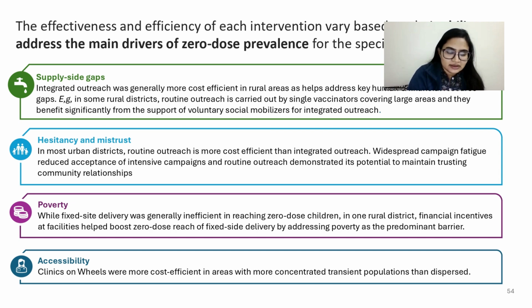In those communities living either at the poverty line or below it, the fixed site is not really efficient because it causes an additional cost to the communities and families to reach the fixed site for their children's vaccination. In these areas, we observe that conditional incentive programs would boost coverage, because that could be a driver for the communities to visit the healthcare facility and get the services.